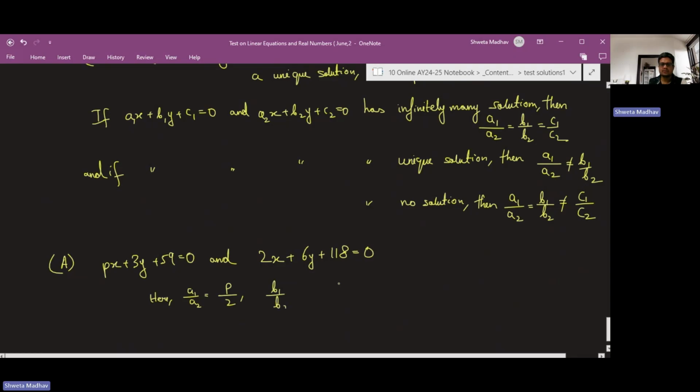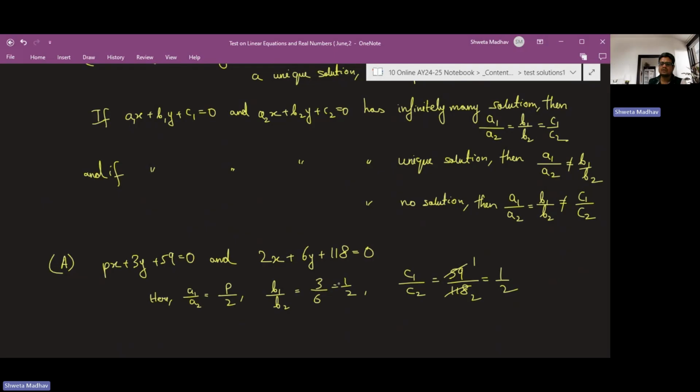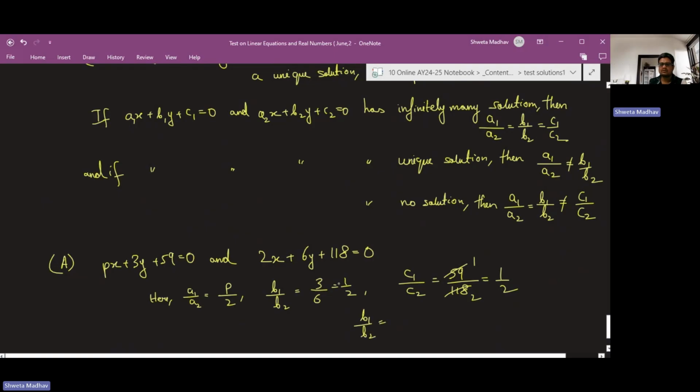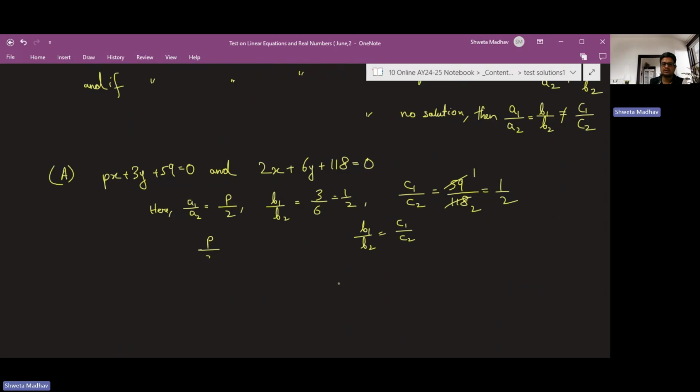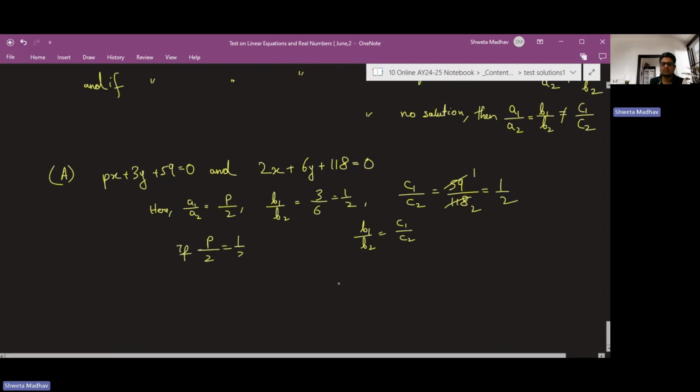Similarly, b1 by b2 is 3 by 6, which is 1 by 2. c1 by c2 is 59 by 118, which is 1 by 2. So b1 by b2 is equal to c1 by c2. If a1 by a2, P by 2, is also equal to 1 by 2, then P should be equal to 1.